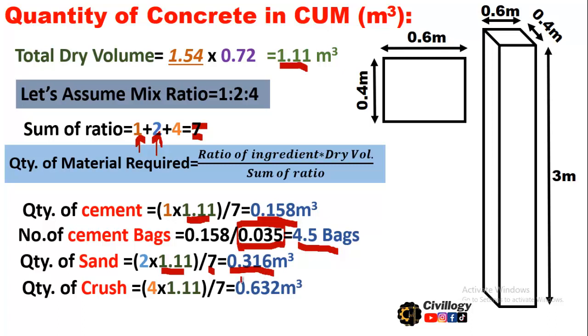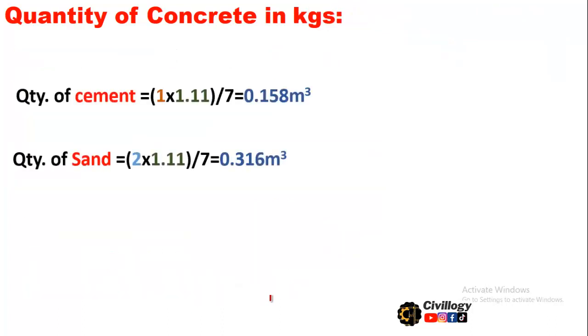Similarly, for crush or coarse aggregate, we will use 4. As you can see in this ratio, 4 is for coarse aggregate or crush, and this is the dry volume divided by the sum of ratio. It will be equal to 0.632 cubic meters. So these are the values that we have calculated in cubic meters.